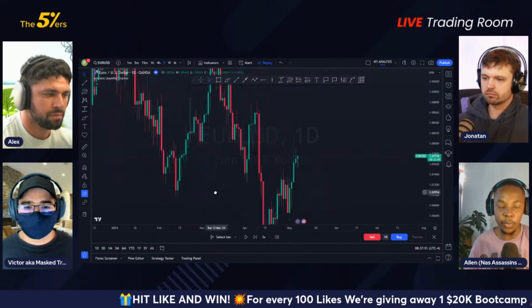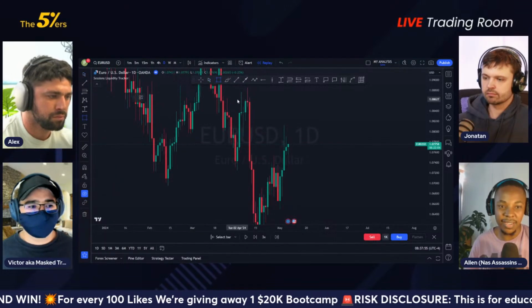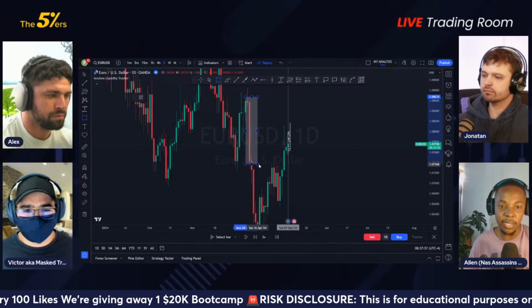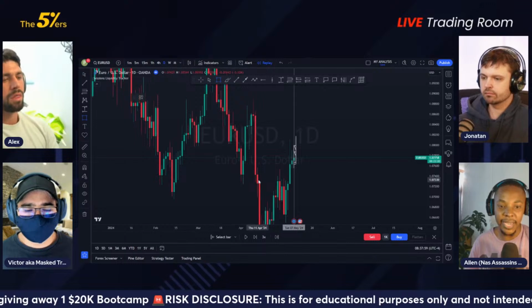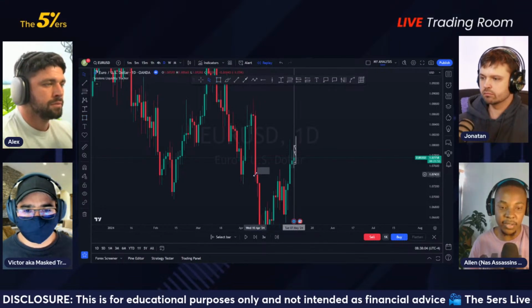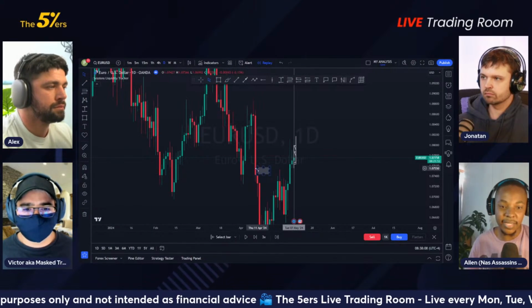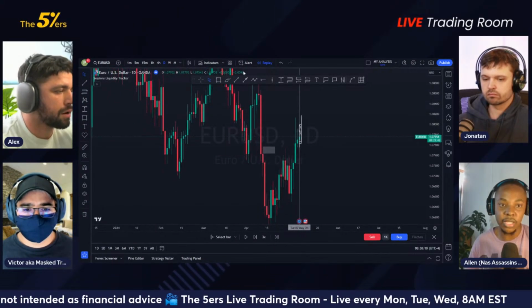So in the London session, what you're chasing is, for example, this downtrend here, all these candlesticks. If you want to sell, you want to enter at that discount. As price opened here, it went a little bit higher. That's the discount for the day. That's where you want to actually catch that move.